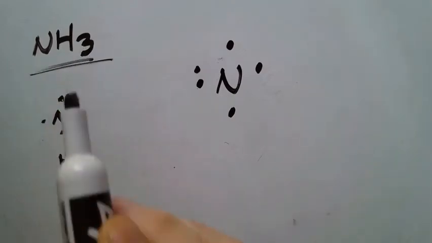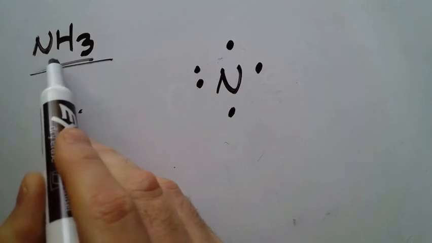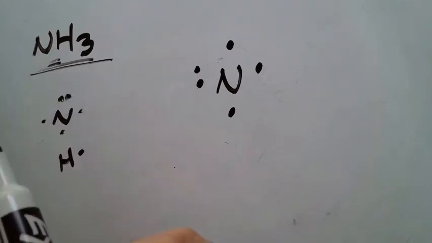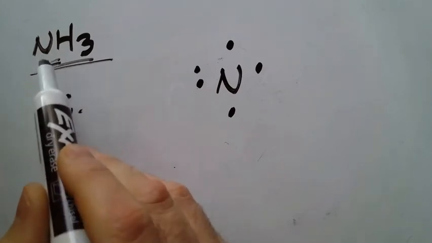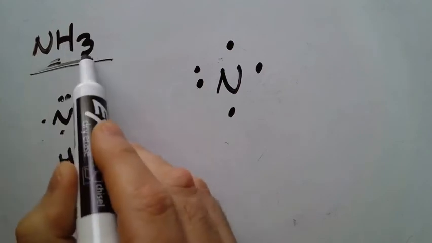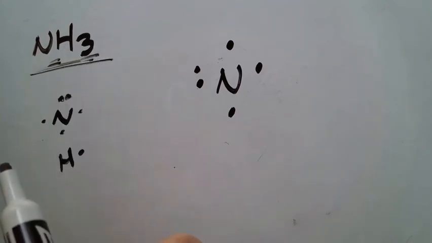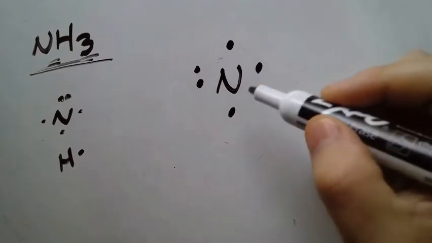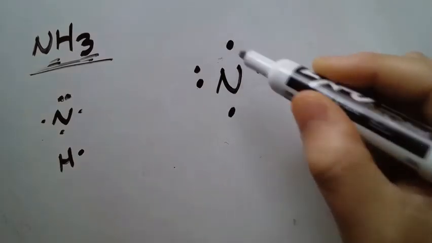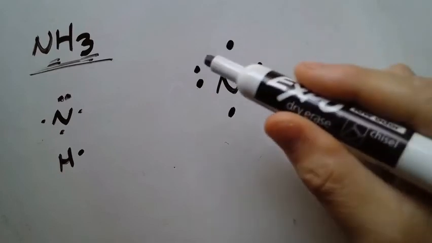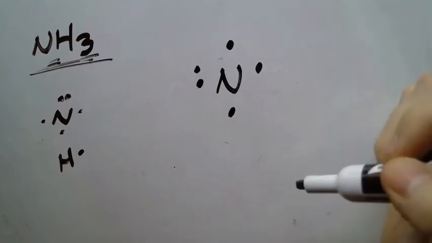Now, according to this formula, there's 1 nitrogen, because you look at the subscript there, and you see that there's no subscript, which means there's only 1. Here, hydrogen has a subscript of 3, which means that it has 3 of them around it. And simple molecules basically have 1 in the middle that can make a lot of bonds, and all the other guys are usually attached onto it.